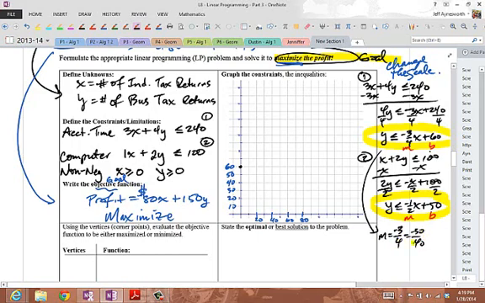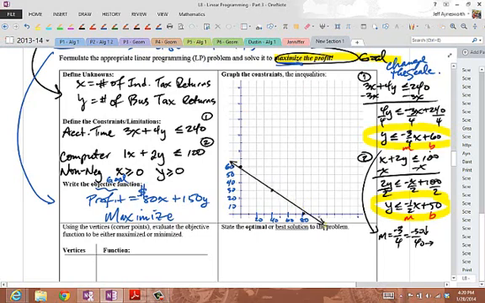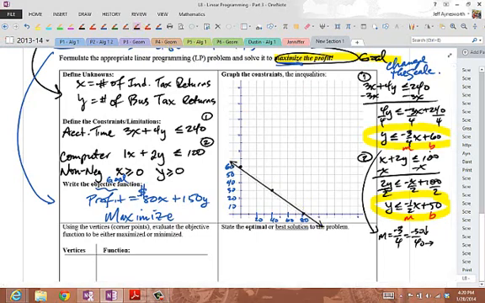All right, multiply both those by 10. So I got to go down 30, right 40, because I'm counting by tens. Down 30, right 40. Plot your points. All right, so get your straight edge out, graph your line, be accurate. It's less than or equal to, so below.